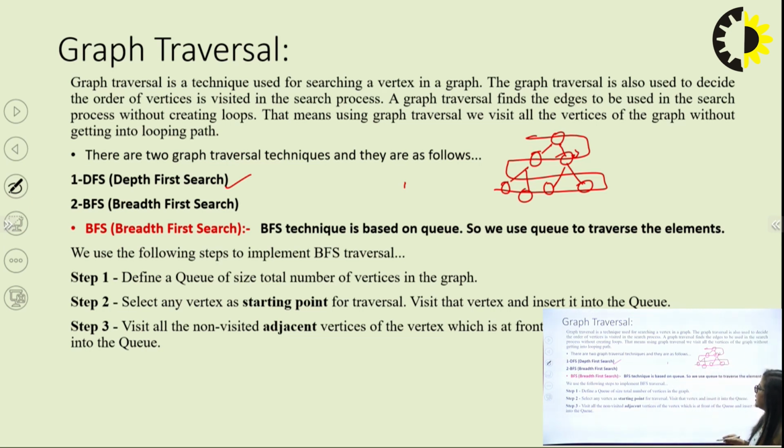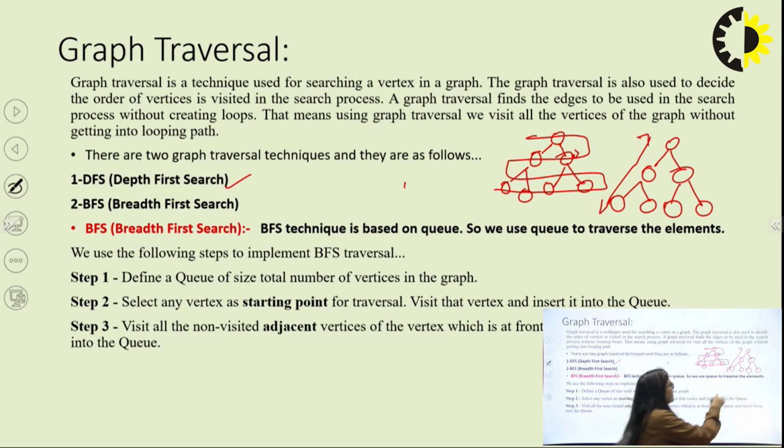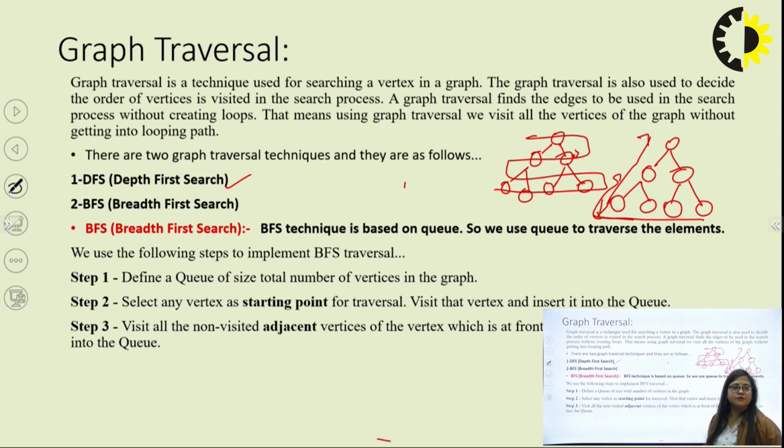And according to DFS, it moves to a node and works in depth, according to height and depth. So it is called depth first search. If it gets stuck, it backtracks and checks the adjacency nodes of the given graph. DFS works like this, and BFS works like this, level to level.